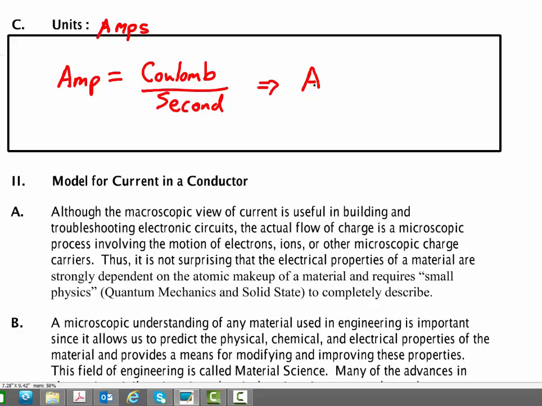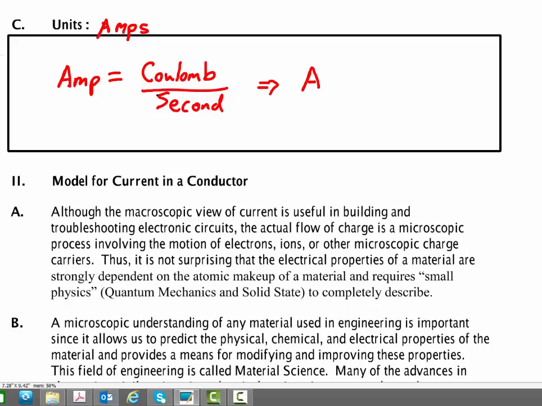Now it turns out that the amp is actually one of the fundamental units in the MKSA system. The MKSA system is meters, kilograms, seconds, and amps. It turns out it's easier for us to measure currents, we have devices like ammeters to do that, than it is to measure charge, which can leak off or be picked up.